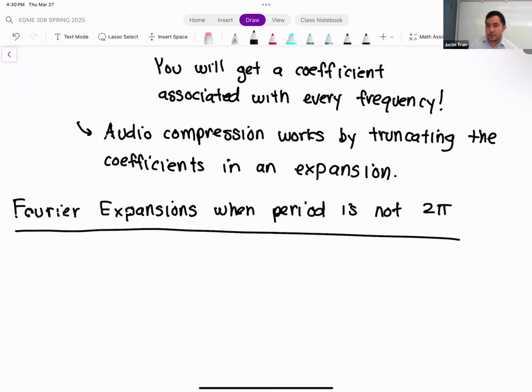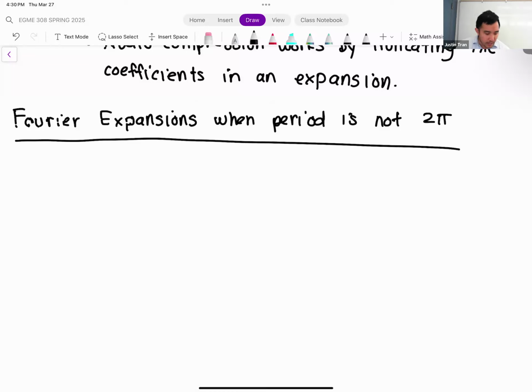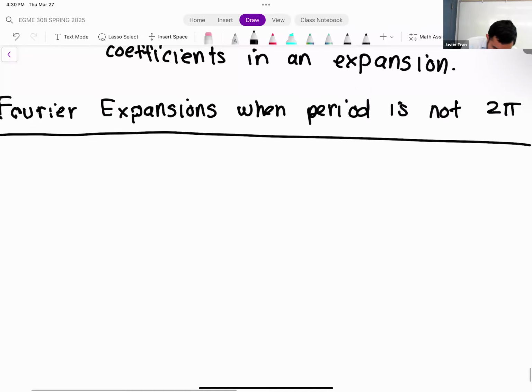So the above coefficient that we worked with last time and reviewed today only works when the period of your function is 2π, which is very limited because there are a lot of functions out there that are not 2π that you would want to take the Fourier series expansion of, like a sound wave. Okay. And so in these situations, we have to adjust our formulas a little bit.